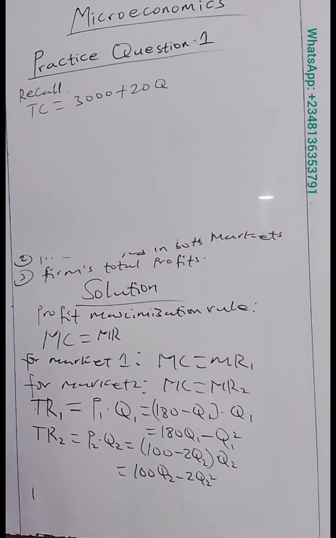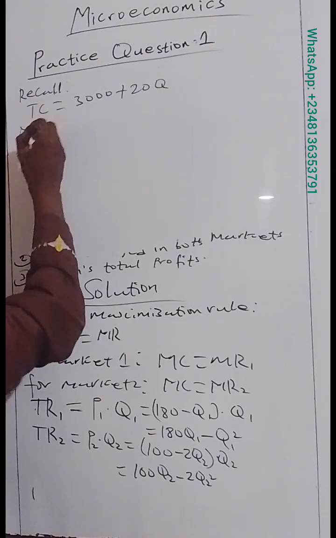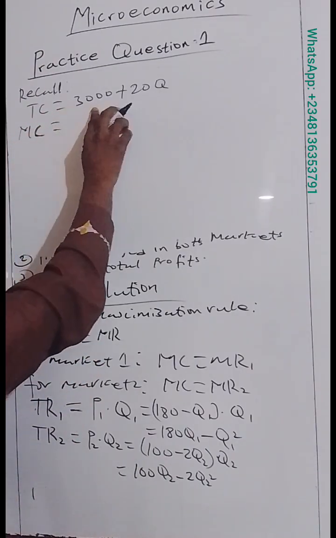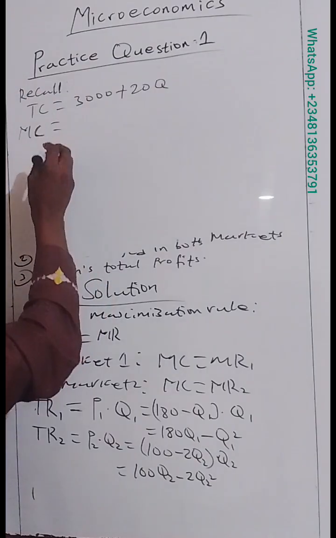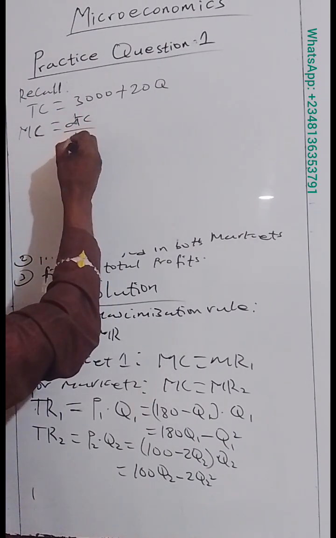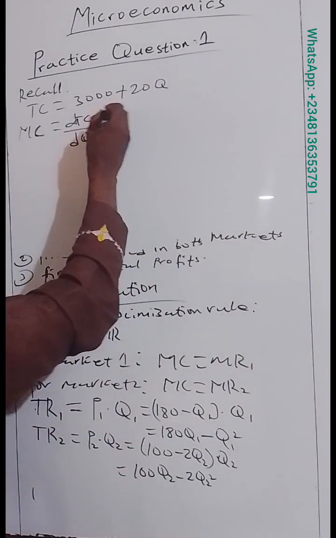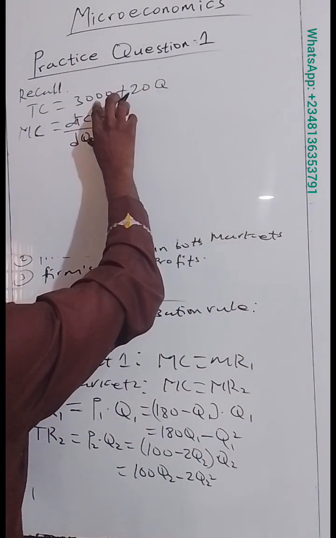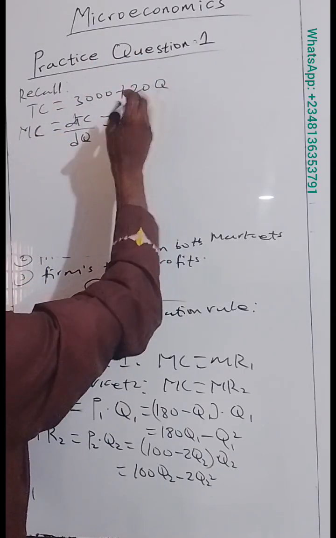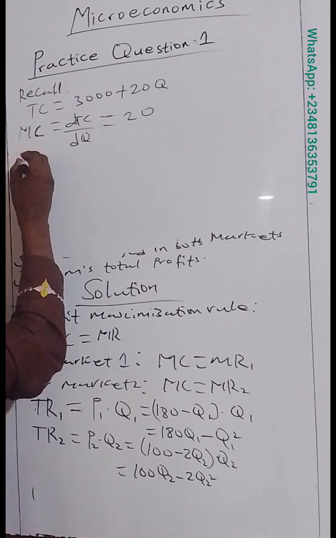Then we can derive our MC from this. To derive MC, don't forget MC is the first derivative of the total cost function. So it's going to be dTC over dQ. When we differentiate with respect to Q, the constant is ignored, so we have 20.